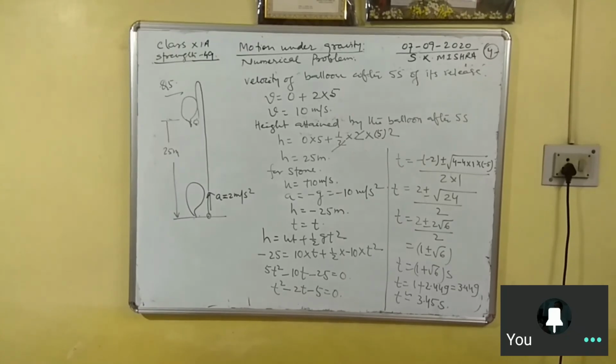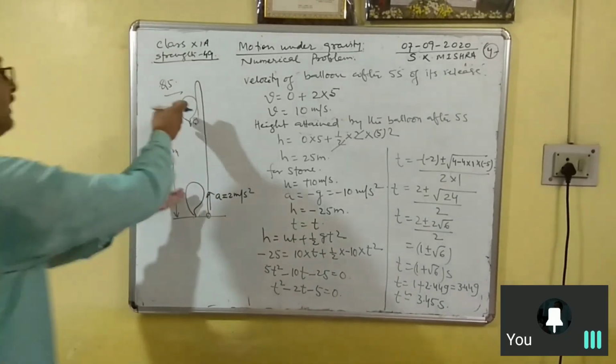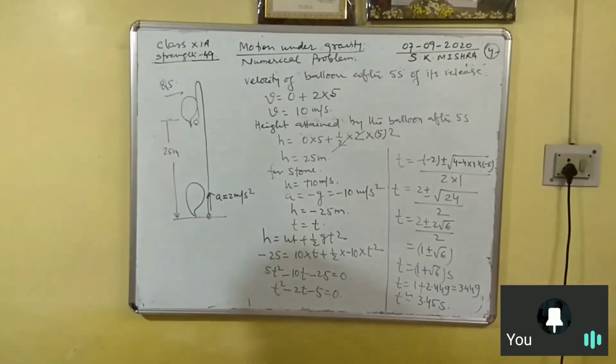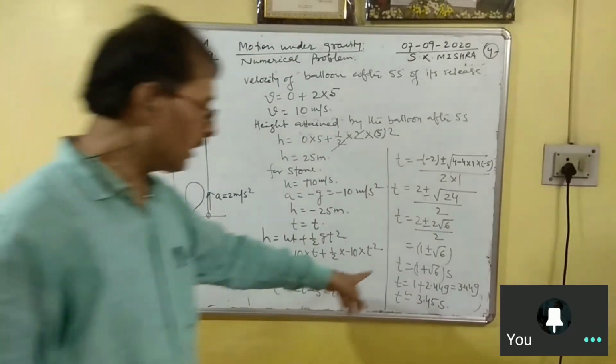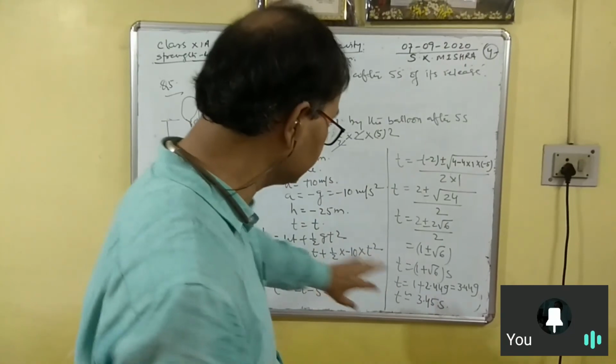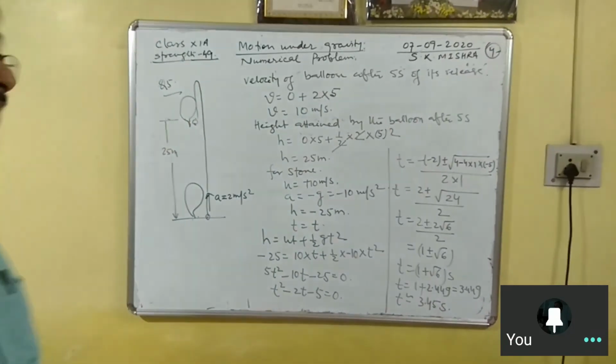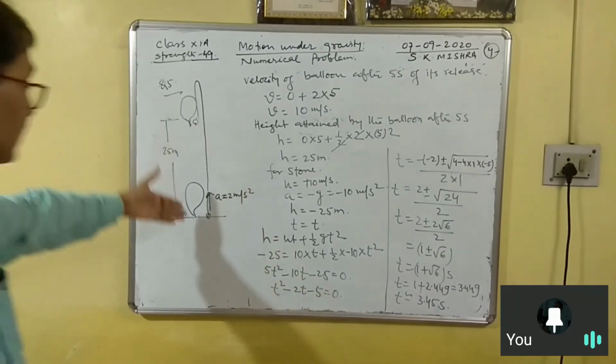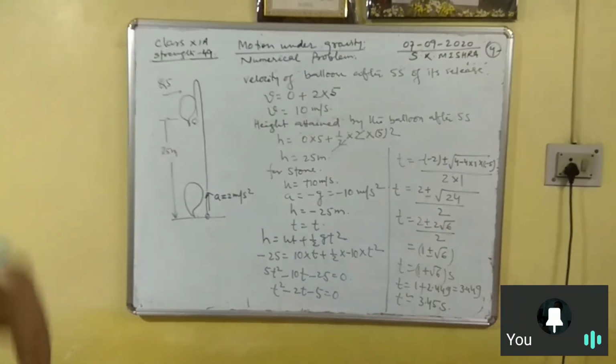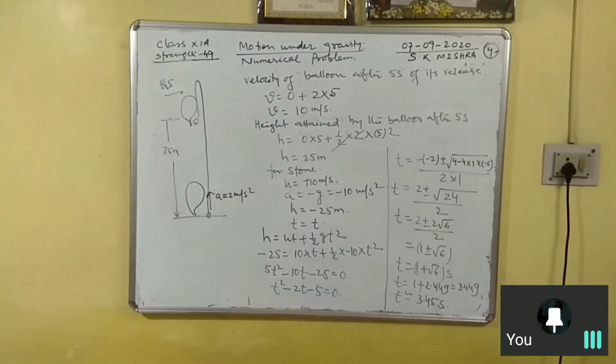Now the question is how much height it will cover. After the stone has been released, during that time interval, what will be the height of the balloon from the ground?